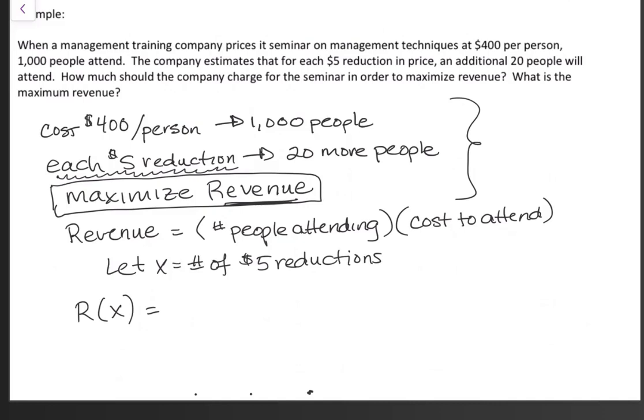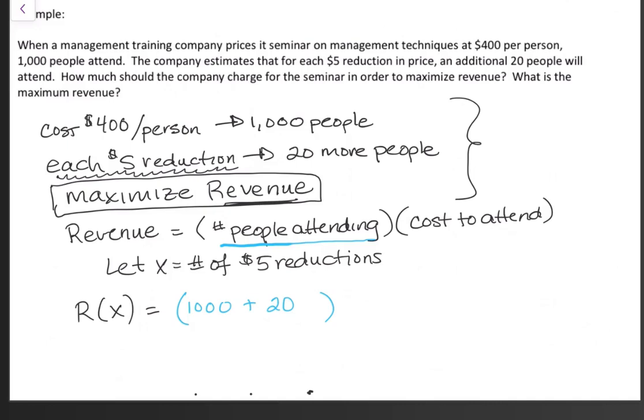So I want to create a formula for this revenue based on the x, so based on the number of $5 reductions. So that means that I need to translate the number of people attending into an expression containing x. So if we start with, we know we're going to get 1,000 people, and we're going to add to that 20 more people for every $5 reduction that we make.